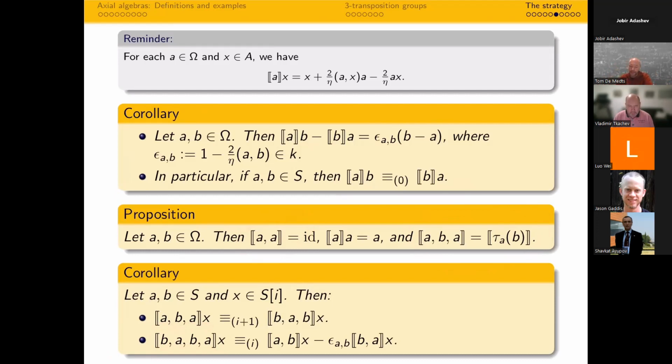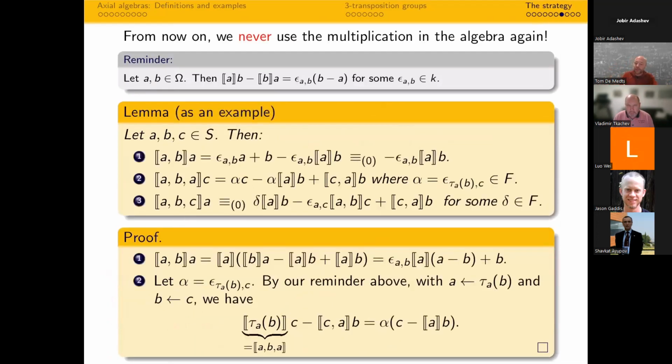At this point, you still need the multiplication once to get the bootstrap started. But from now on, we never ever use the multiplication again. From this point, it's all Miyamoto sequences.